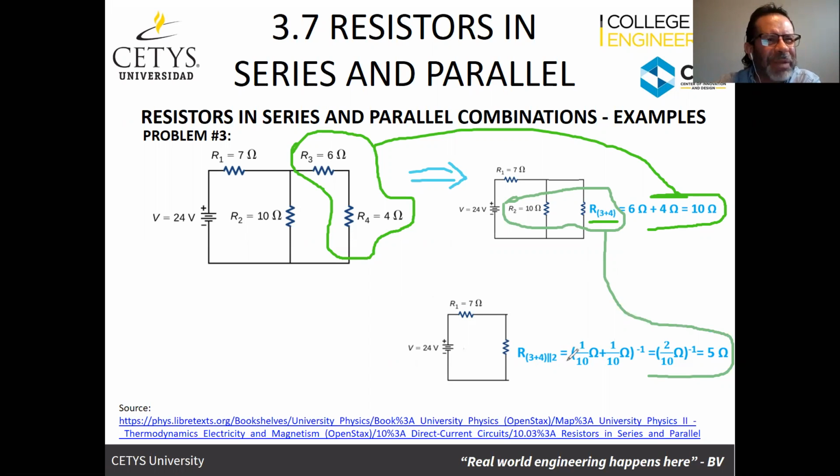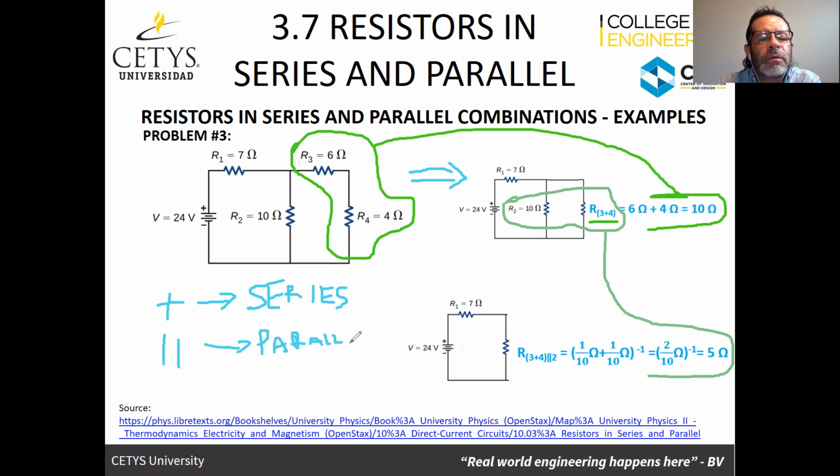The only thing to explain about the nomenclature I'm using in these problems: I'm representing a series by using a plus, and I'm using 2 bars to represent a parallel. Okay, just so you understand the nomenclature I'm using.